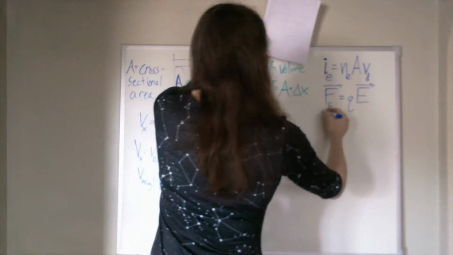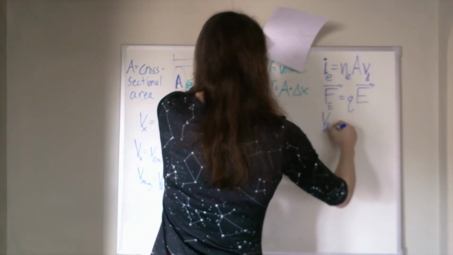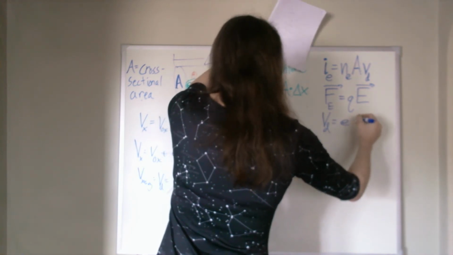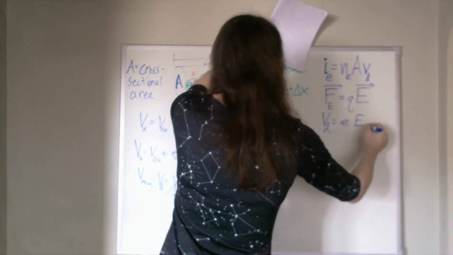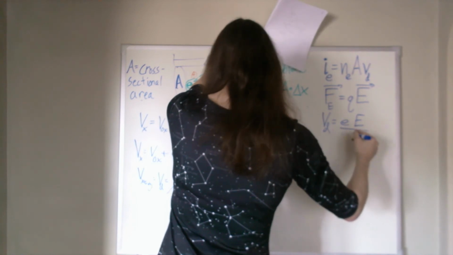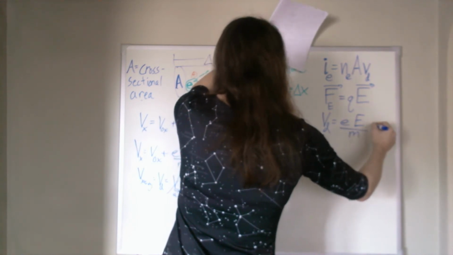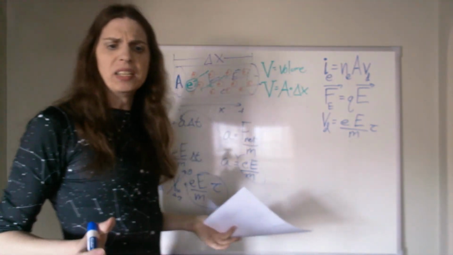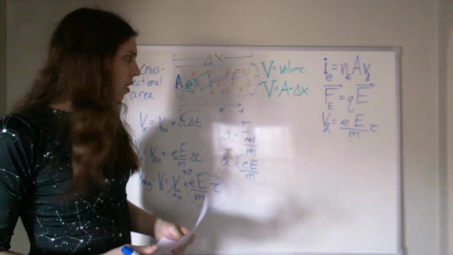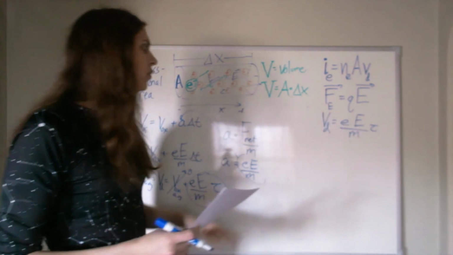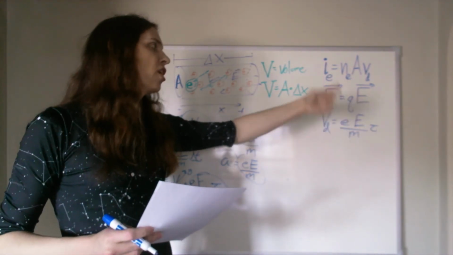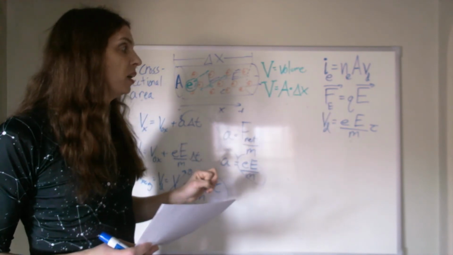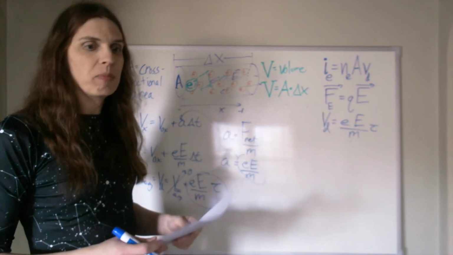That our drift velocity in terms of the E field, or I suppose it's more drift speed that we're looking at here, is equal to this fundamental unit of charge times the strength of the field times the time between interactions divided by the mass.